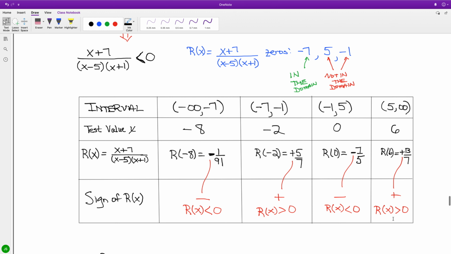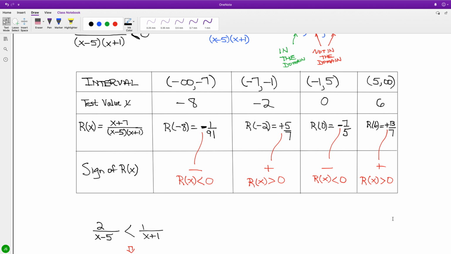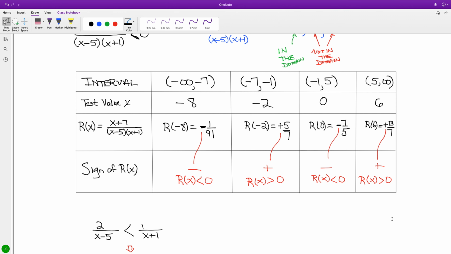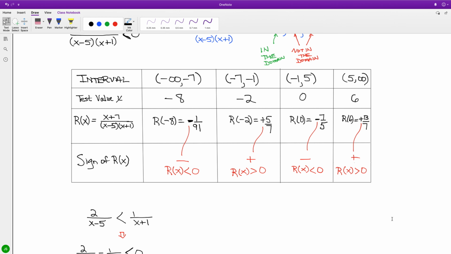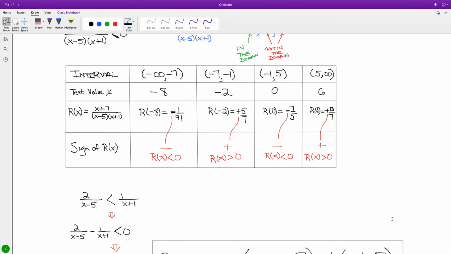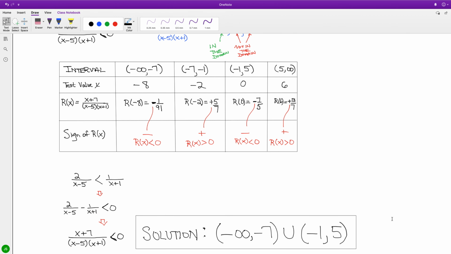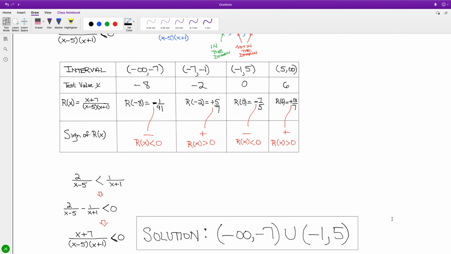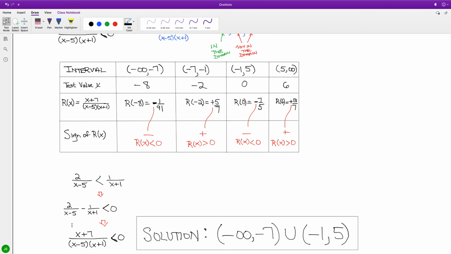Okay, so for the problem, taking what we have in the comparison inequality, again, we had 2 over x minus 5 is less than 1 over x plus 1. After converting to a comparison to 0 inequality, we had x plus 7 all over the product of the quantities of x minus 5 and x plus 1, where this consolidated ratio is less than 0.